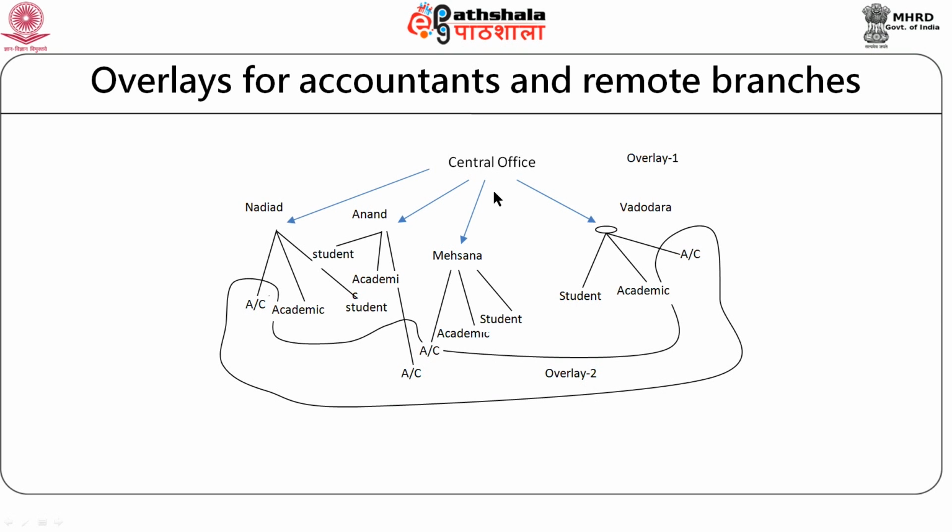Here is the central office of a typical educational institute which has 4 centers: Nadiad, Anand, Mehsana and Vadodara, all 4 places in Gujarat. And each one of them has at least 3 divisions: accounting, academics and student.